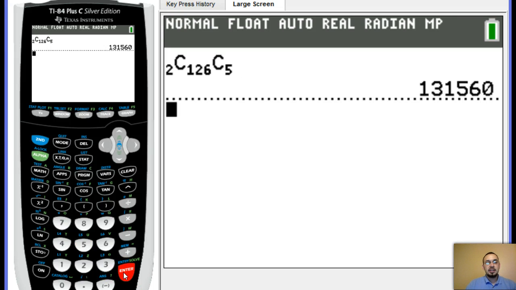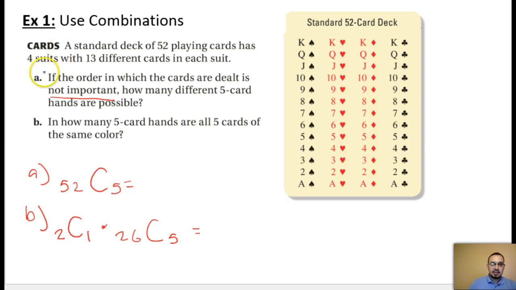And these are the different combinations. So we actually have 131,560, I believe. Let me just make sure. Yeah, cool. So there it is.